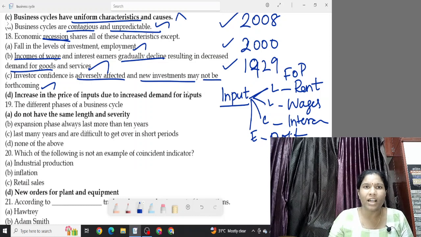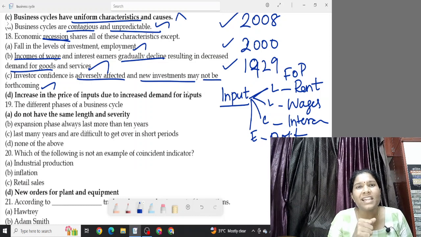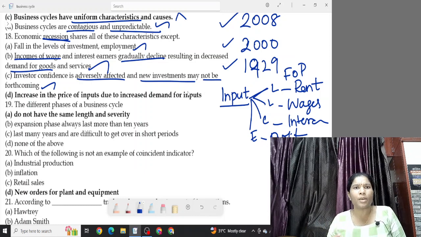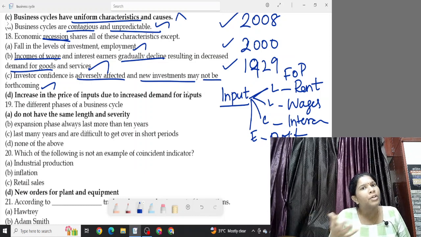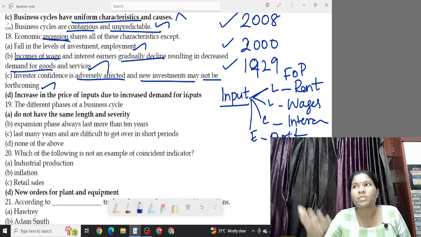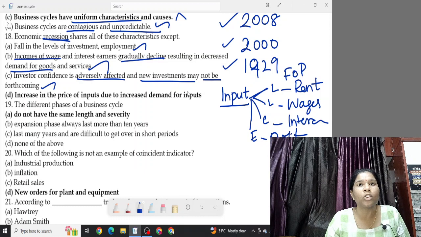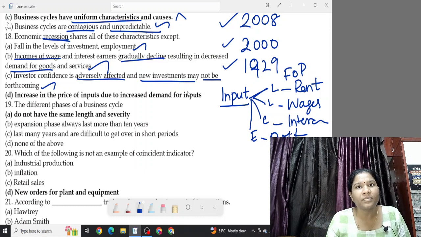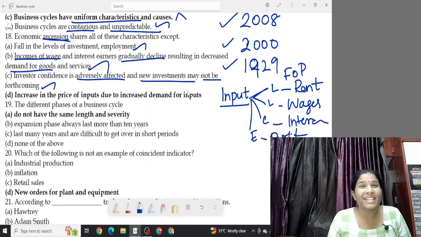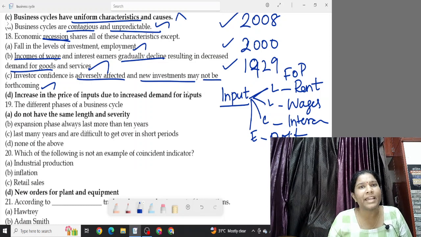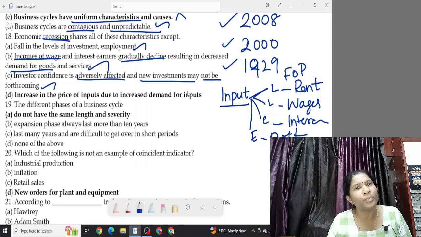When demand is down, why would producers demand a lot of land, labor, capital, entrepreneur in order to produce more? There's no need to produce more because people are not ready to buy. Already produced units are sitting there in the godown without people buying. So in the recessionary phase, people will lose their jobs because there is no need for production at all.